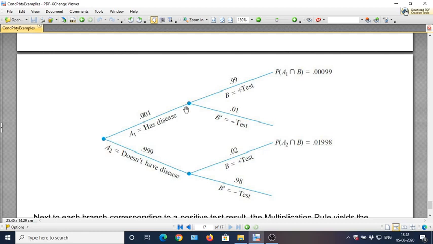On a diseased person, the test results in positive with 0.99, which is P of A1 into 0.99. If you multiply these two, you get P of A1 intersection B. The test resulting in negative for a person having the disease is 0.01. Similarly, for a person not having the disease, a positive result comes with 2%. So A2 given B is this, and the fourth one.